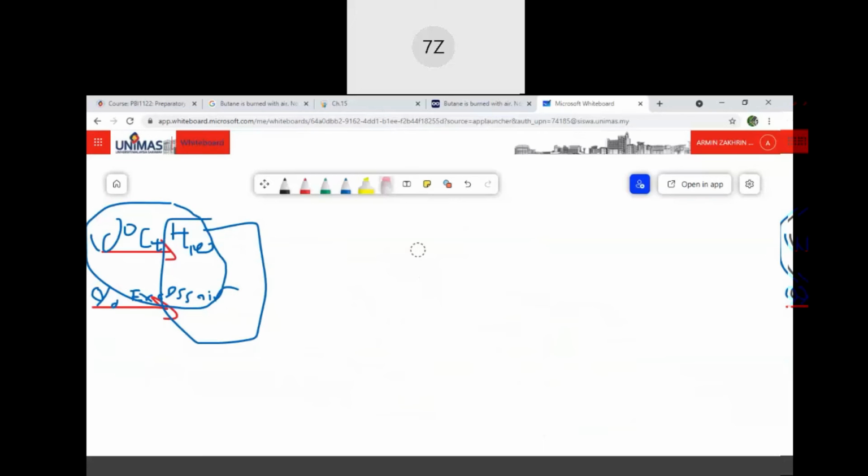Next, we need to find the excess air. From the question, the excess air is given as 20%.